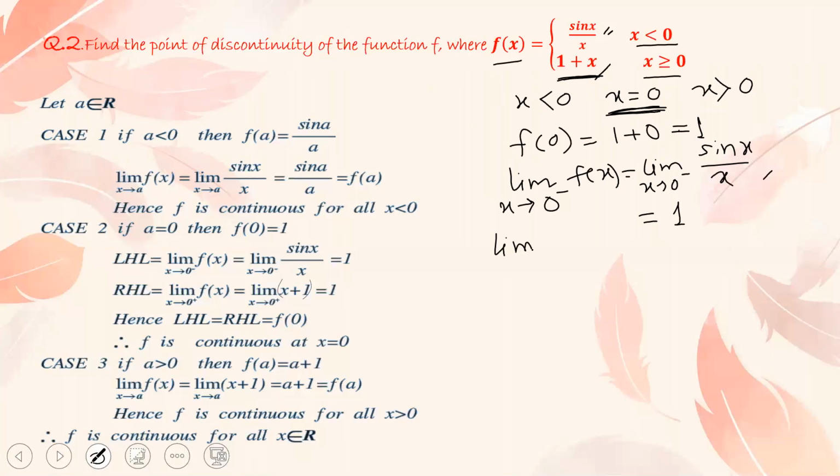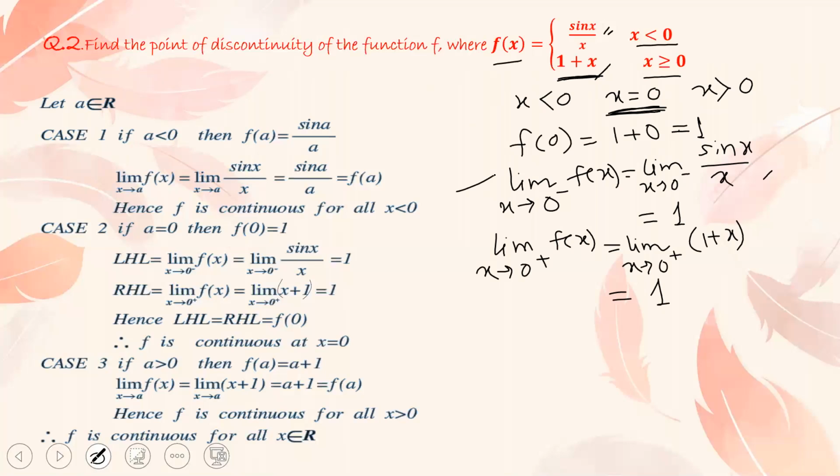Here is the right hand limit, x tends to 0 plus f of x. Now after 0, the function is 1 plus x. So put the function here, limit x tends to 0 plus of 1 plus x. Now this value will again be 1.